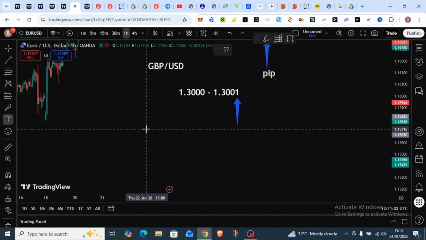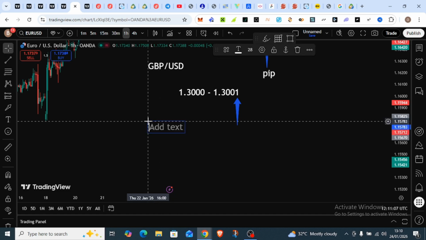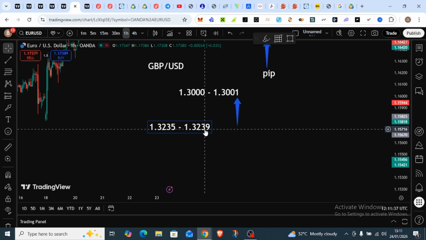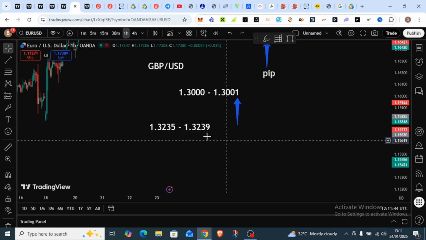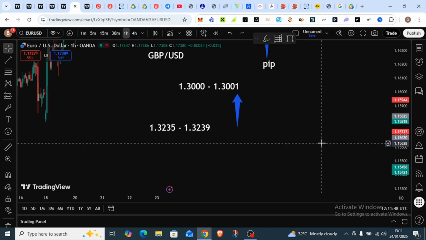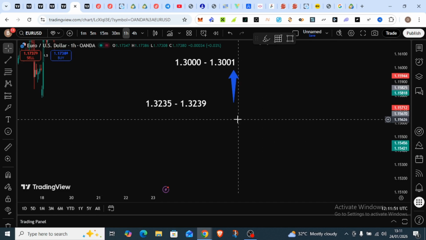If we have the price at 1.3235, then to, let's say, 1.3239, we have a change in price of 0.0004.